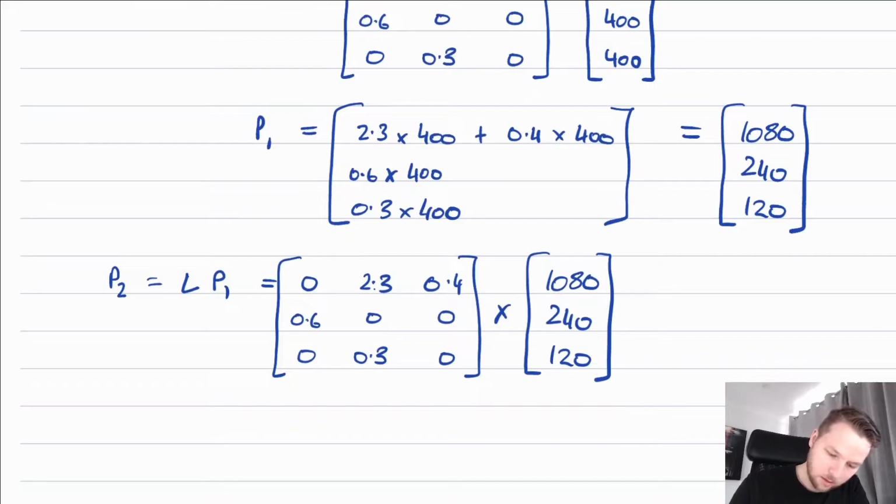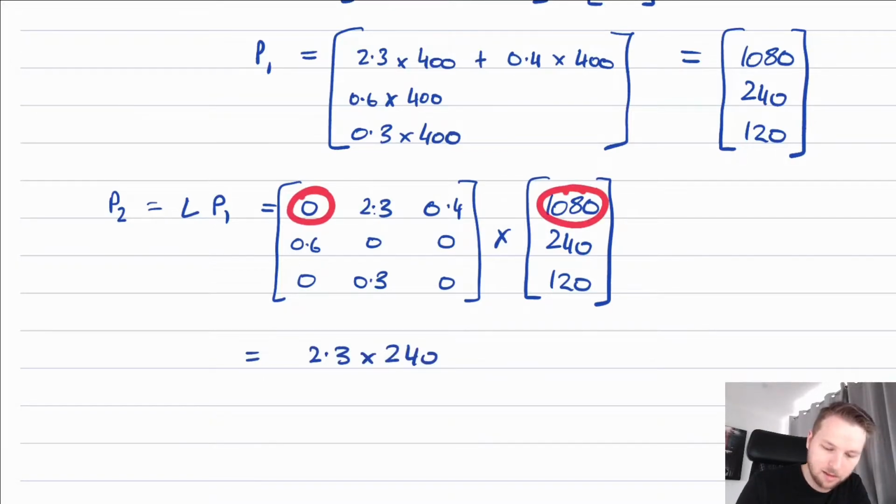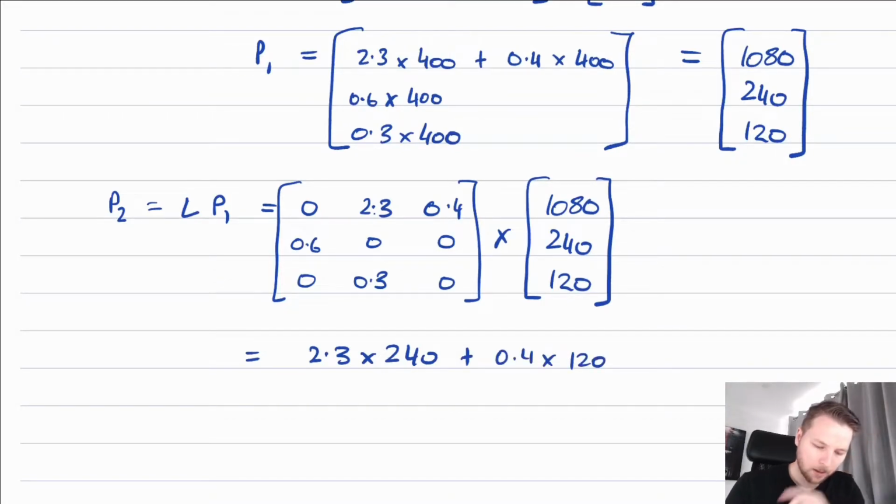And that's going to be equal to, well, we do the same thing again. I'll do it underneath, I'll run out of space otherwise. It's going to be equal to 0 times that, 0, since the first one's 0, then 2.3 times 240 plus 0.4 times 120. That's our first row.